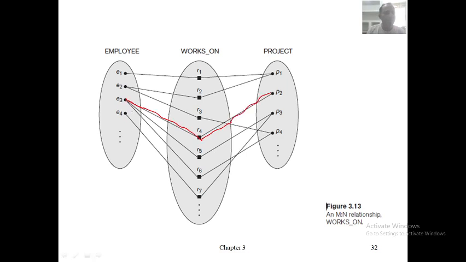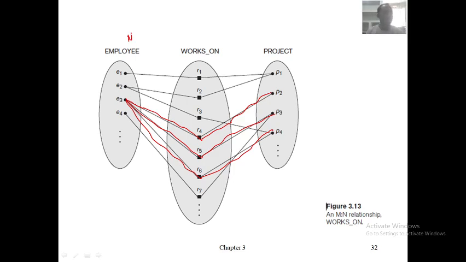This employee is working on project number 3, and he is also working on project number 4. Project number 4 means the same employee can work on different projects, which means the cardinality ratio is n.